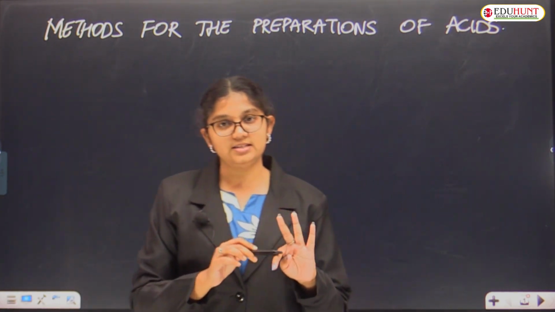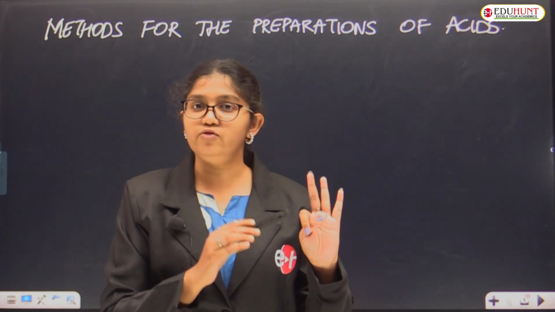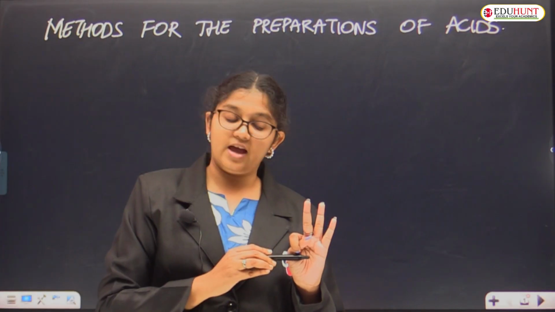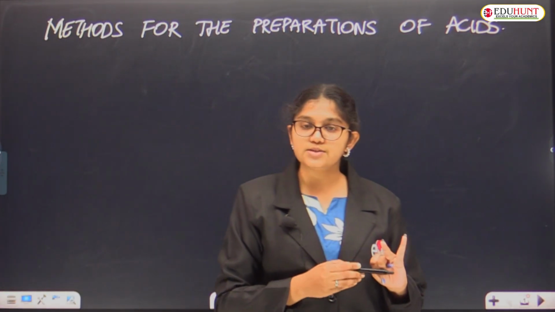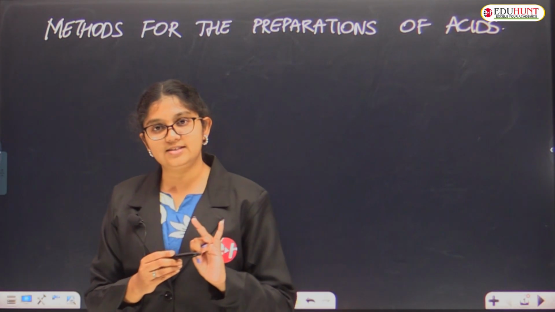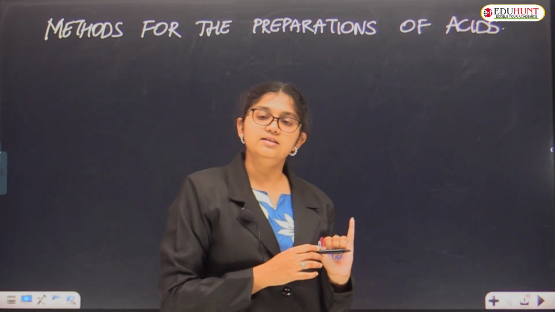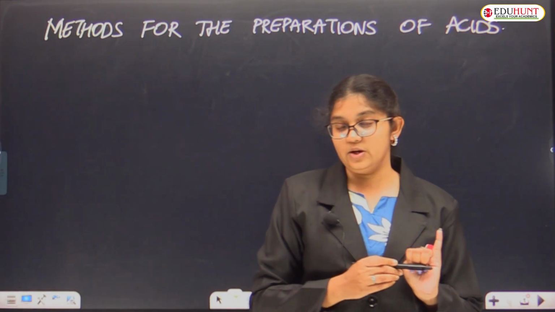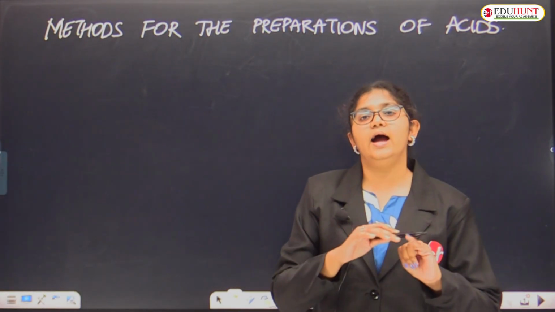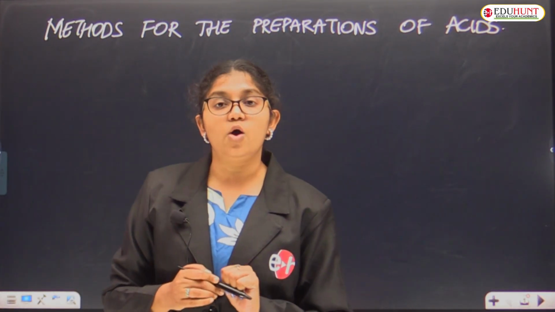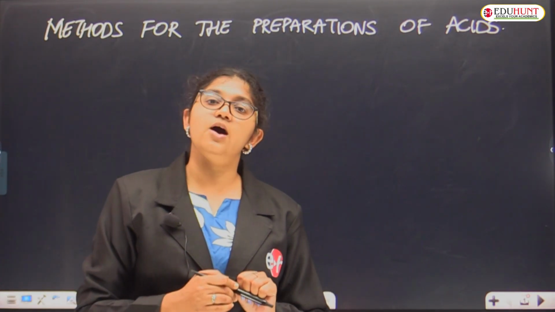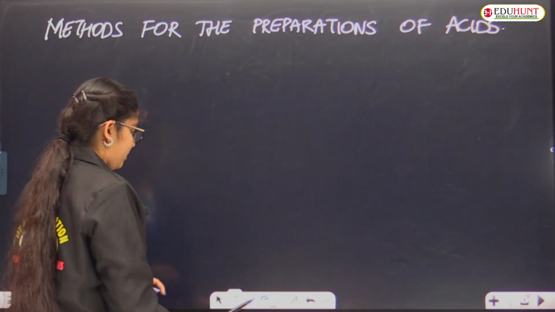Namely, the first one is by direct synthesis of hydrogen with non-metals, and the second one by dissolving non-metallic oxides in water. The third one, by heating salts of more volatile acid with a less volatile acid. And the fourth, last one is by oxidation of non-metals with oxyacids. I'll write one by one for you.